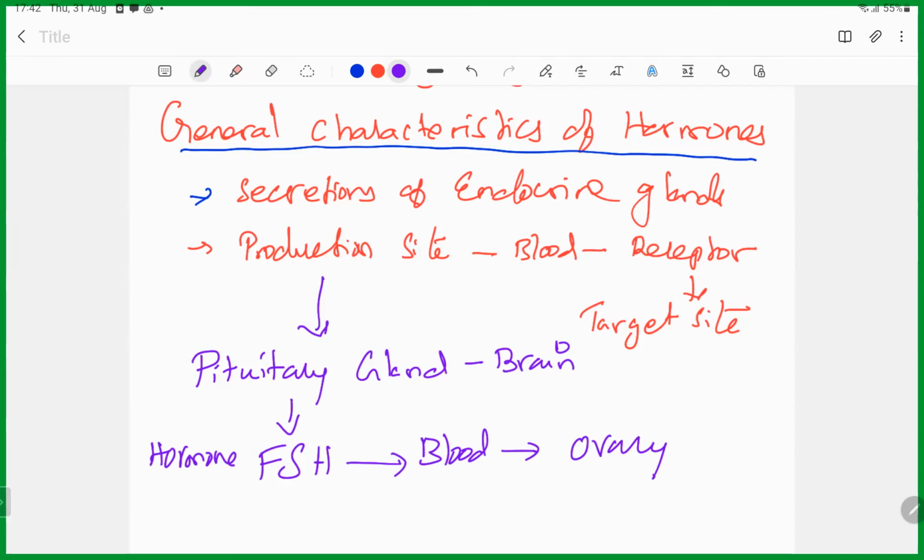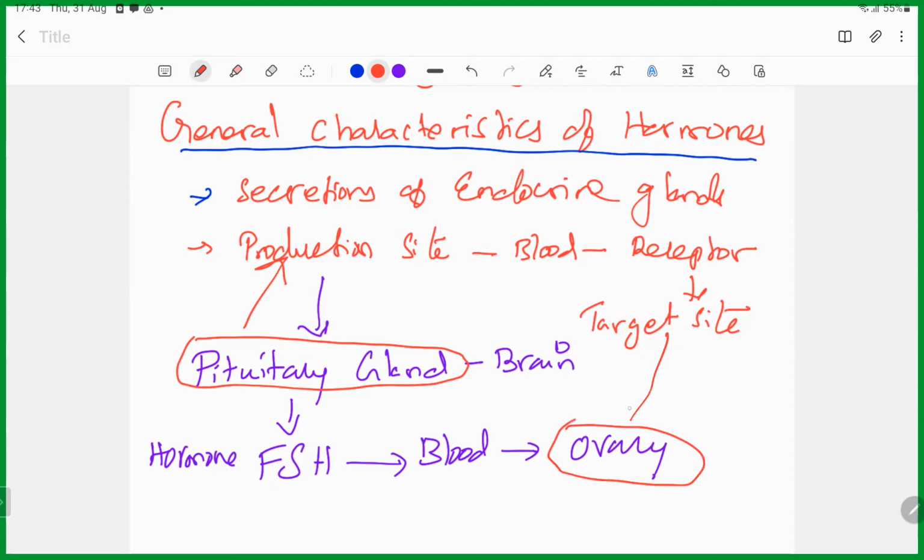Can you understand? Ovary, it reaches. See, pituitary is the production site, the hormone is transported, and ovary is the target site. And then the ovary should have a receptor for FSH.